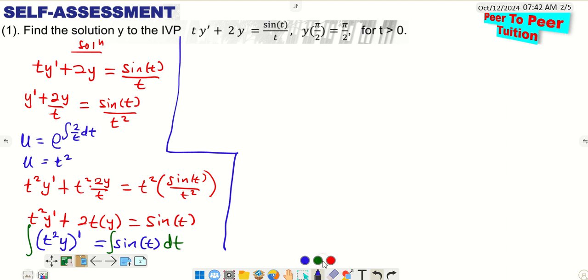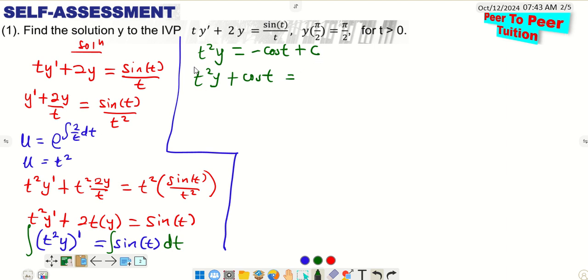We get t squared y equal to negative cos t plus a constant c. Taking cos t to the left hand side, I get t squared y plus cos t equal to a constant c.